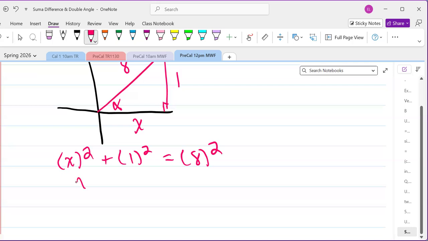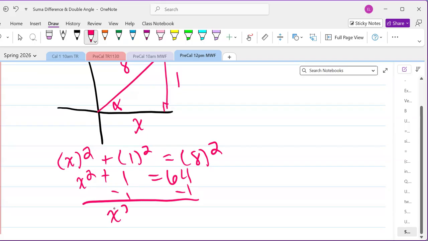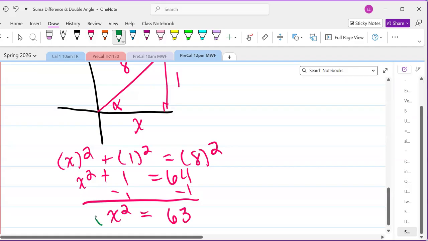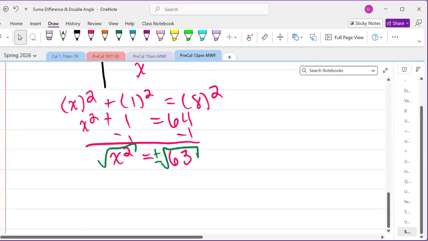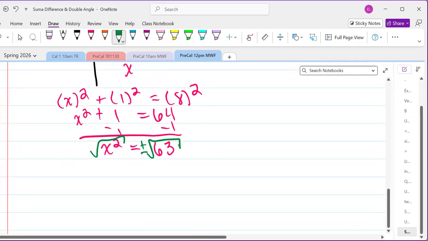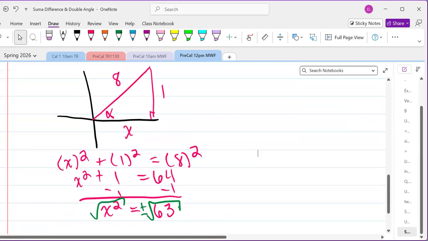So x squared plus 1 squared equals 8 squared. So x squared plus 1 equals 64. And we minus the 1. So now x squared equals 63. And we square root both sides. So now we have the positive or negative square root of 63. So we look back at the triangle.